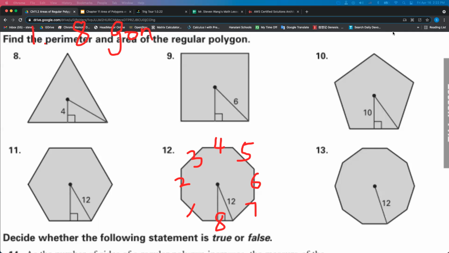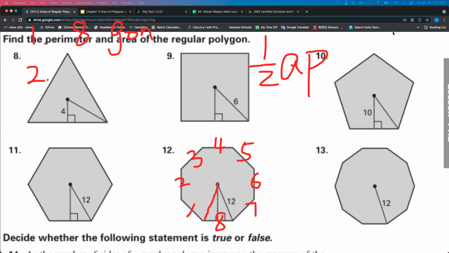Then step two is looking for the information given, okay? So we have a radius of 12, but we need to know the formula to solve this area, which is going to be half AP, right? So we're looking for the parameters, which are not given to us.